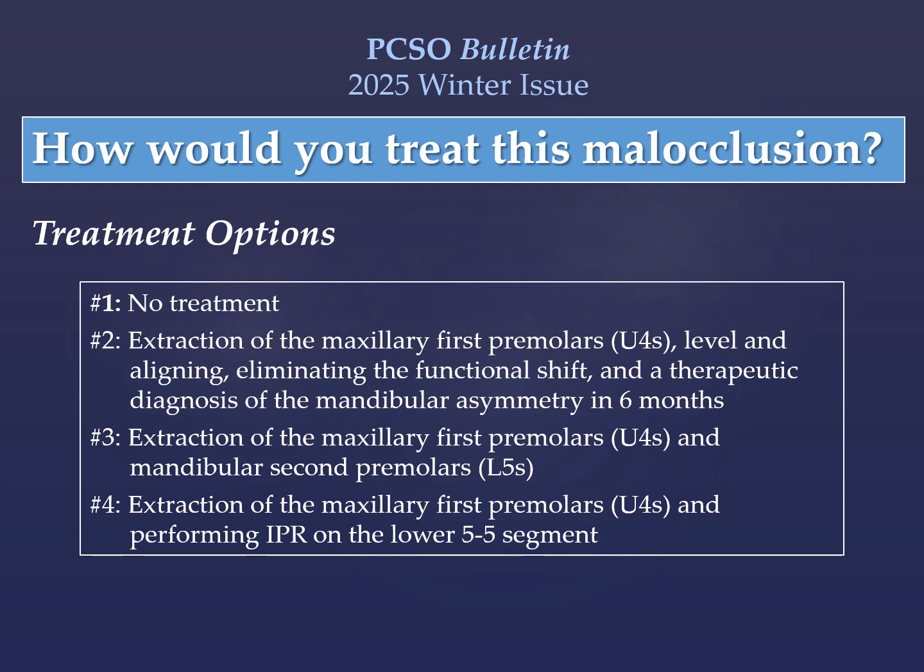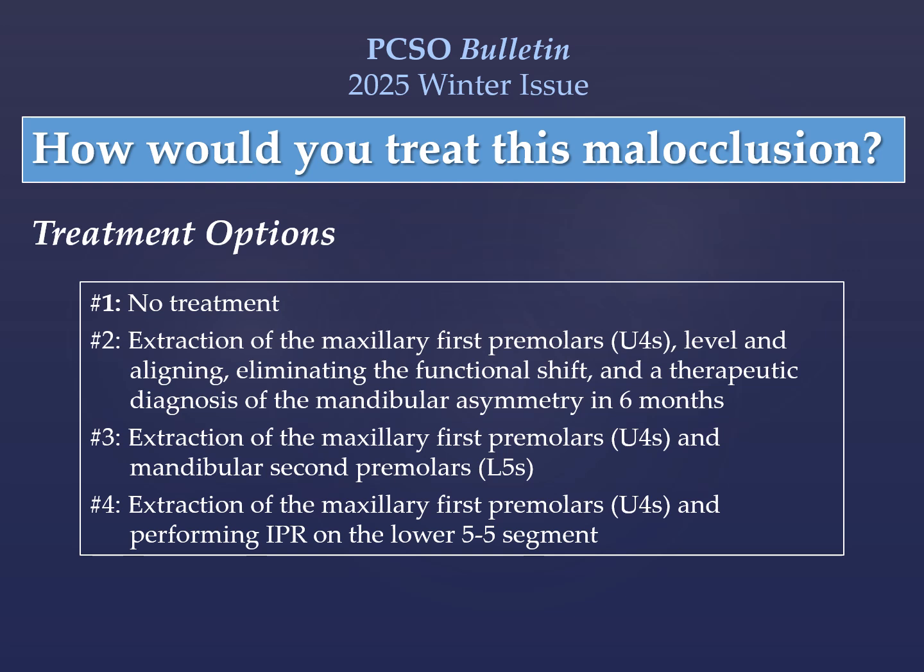The third treatment plan regarded extracting the maxillary first premolars, the upper 4s, and mandibular second premolars, the lower 5s, then utilizing maximum anchorage in the upper arch with either a cervical headgear, Nance appliance, or TADs. And then the fourth option still involved extracting the maxillary first premolars and performing IPR in the lower segment 5 to 5.